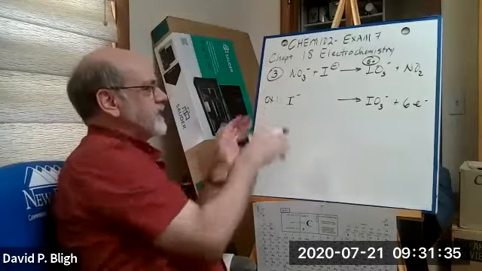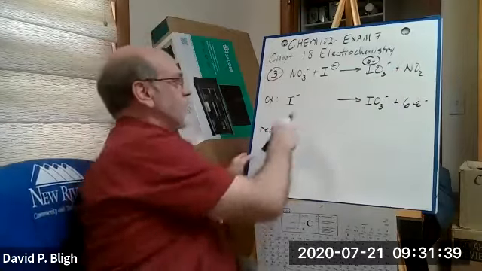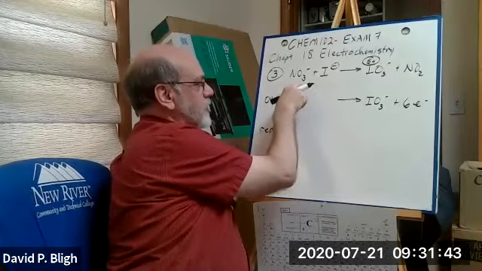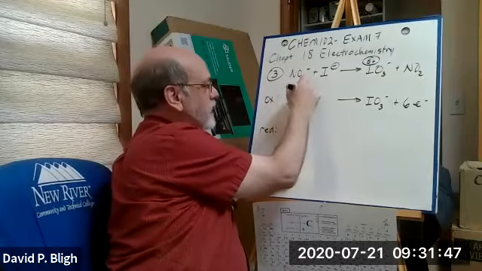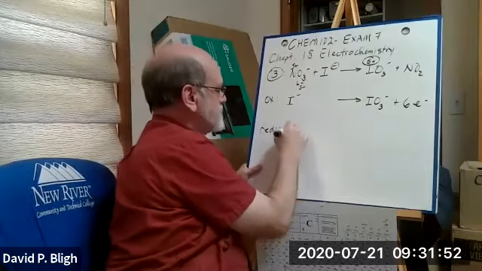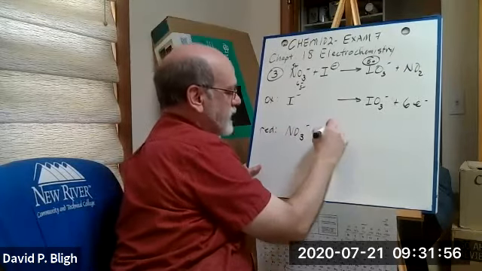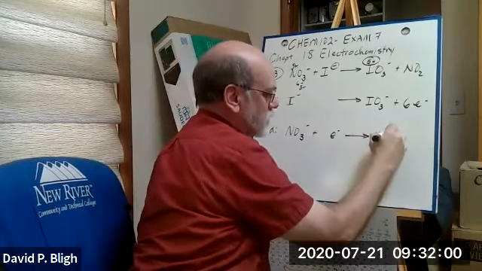That means the nitrate to nitrogen dioxide would be a reduction. We just need to know what the values are. So that's a 6 minus, 3 times 2 minus, hold 1 out, 5 plus. And if it's a reduction, we have to have electrons to go over here.